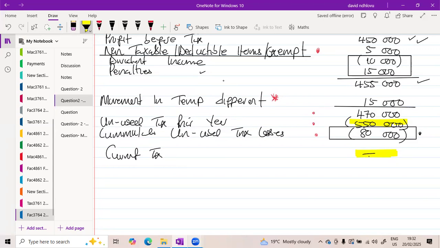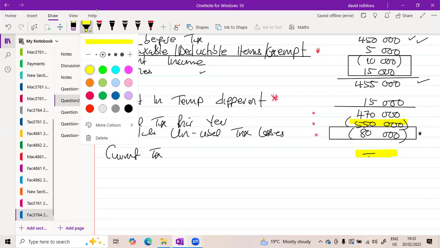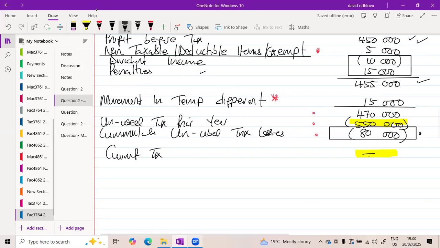Good. So what it means is that we don't have anything on the current tax year, because of the figure that was forced on us by SARS, who refused to pay us. But it doesn't change the fact that the current tax expense for the current year is the 131,600. That is the current tax for the year.